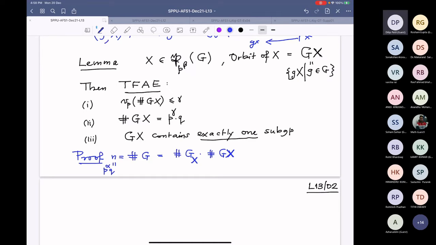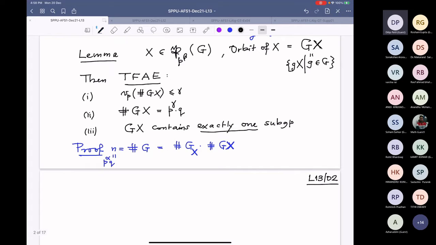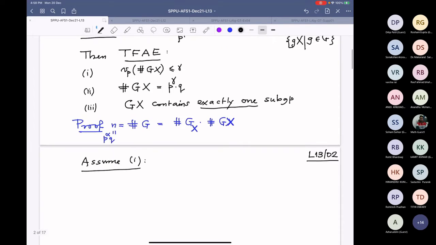So let us see, if I assume 1, what happens? So assume condition 1. We say that Vp of the cardinality of the orbit is less equal to gamma.